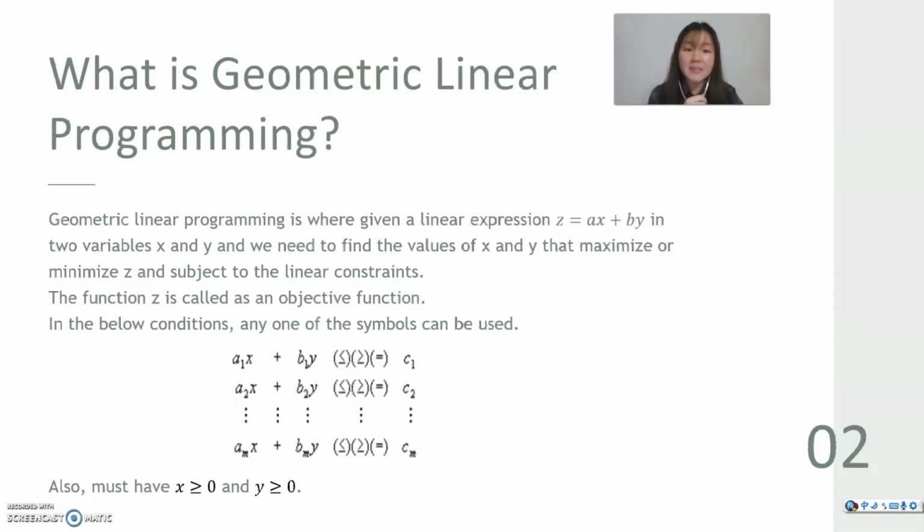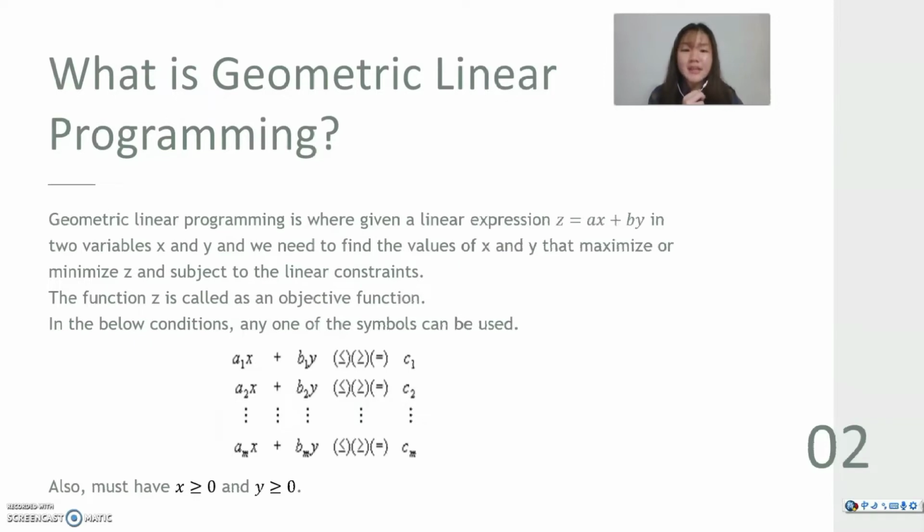Now I'm going to explain what is geometric linear programming. Geometric linear programming is where there is a given linear expression z equals ax plus by in two variables x and y, and we need to find the values of x and y that maximize or minimize z, subject to the linear constraints.